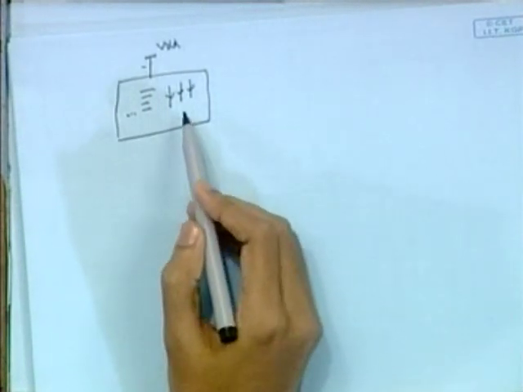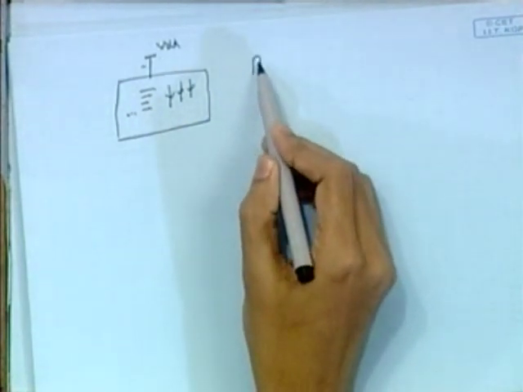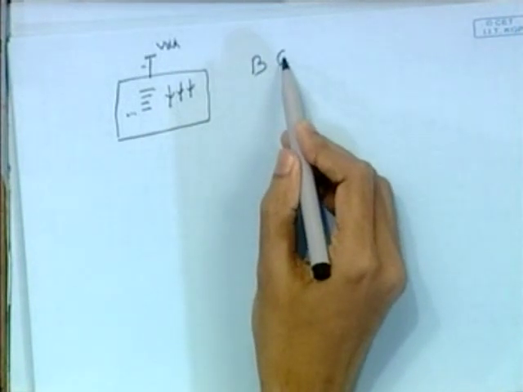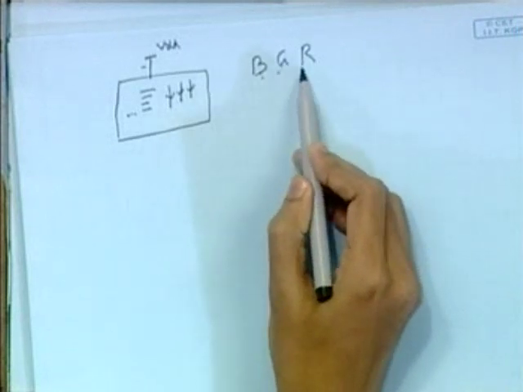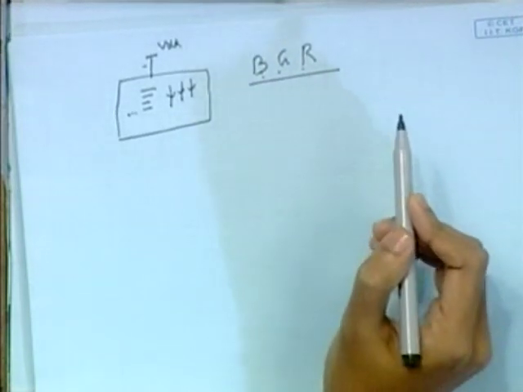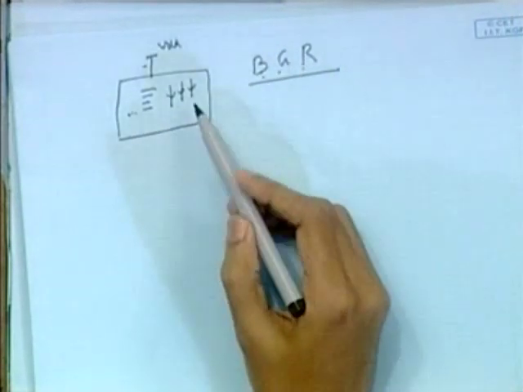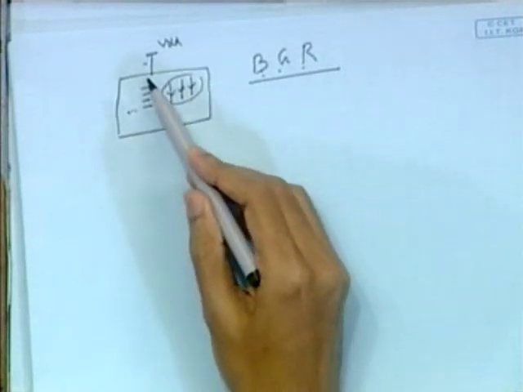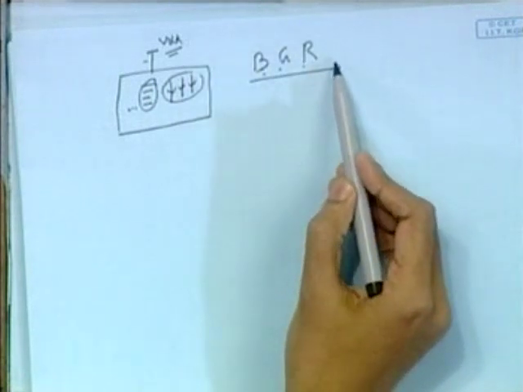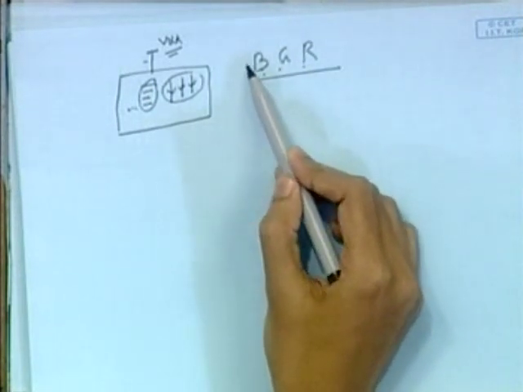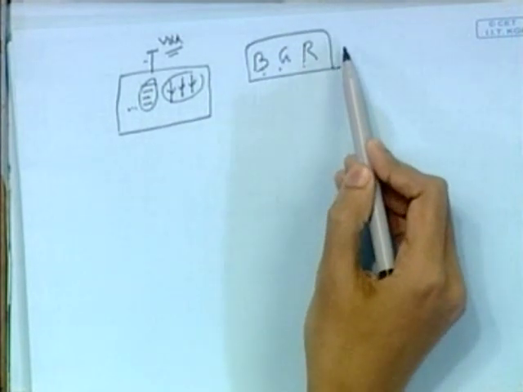So there is a special circuit called the band gap reference circuit, BGR circuit, that will generate all these reference currents and voltages from a single supply. This is a very special type of circuit, and it is a very critical part of your IC design.